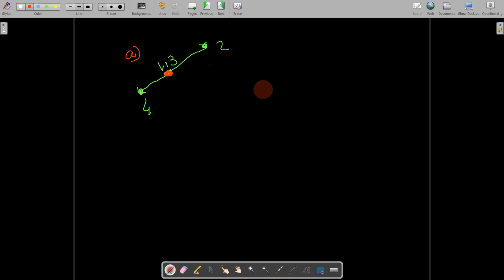And for case B, we can write it like this. Both vertices are having different colors, so I can introduce an edge between them. Then they have to be colored with different colors.